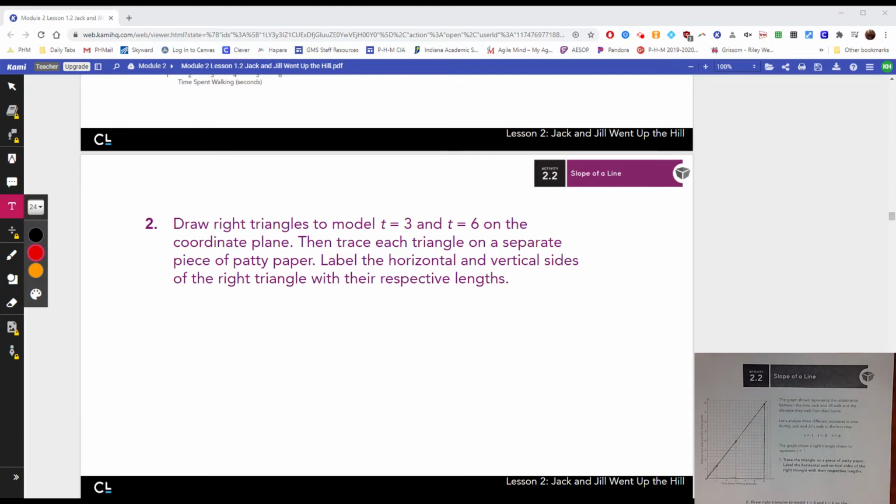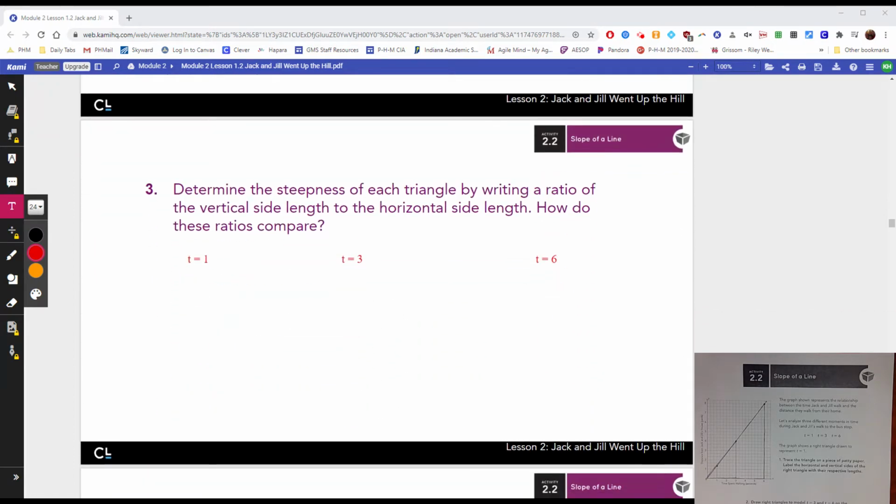Now it says to determine the steepness of each triangle by writing a ratio of the vertical side length to the horizontal side length. So let's start with t equals 1 here. So when t equals 1, my ratio would be vertical side 4/3 compared to the horizontal side, which is 1.